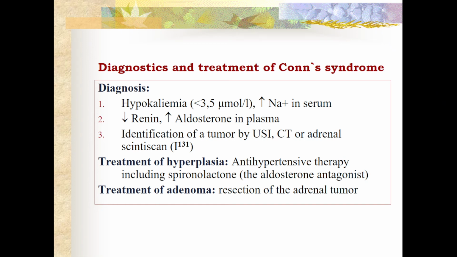Diagnosis of Cone syndrome or primary hyperaldosteronism is based on hypokalemia less than 3.5 millimole per liter, increased sodium in serum, decreased renin, and increased aldosterone in plasma. Instrumental methods help us for identification of a tumor.